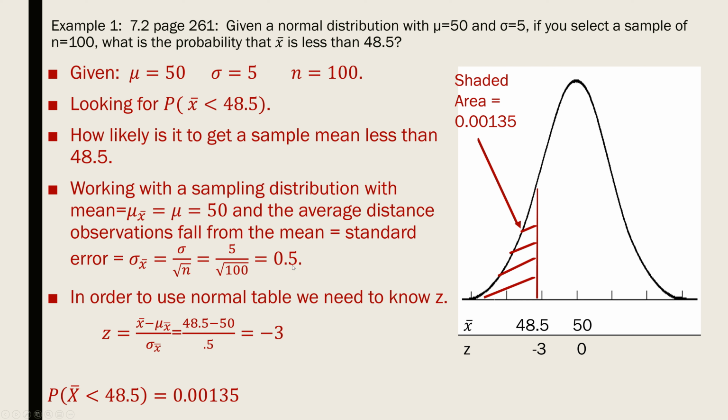In order to use the normal table, we need to calculate the z-score. And for the sampling distribution of sample mean, we calculate the z-score in this way, which is negative 3. Then you can just look up the normal table to find the shaded area.